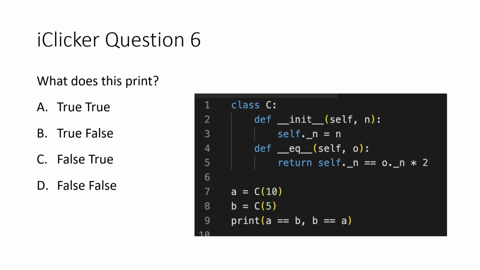Then it would be 5 equal 10 multiplied by 2, right? Because in this case, self is B. And then you have 5 equal 10 multiplied by 2, which is 20. Now, is 5 equal to 20? No. So this is false. So the final result would be true, false.